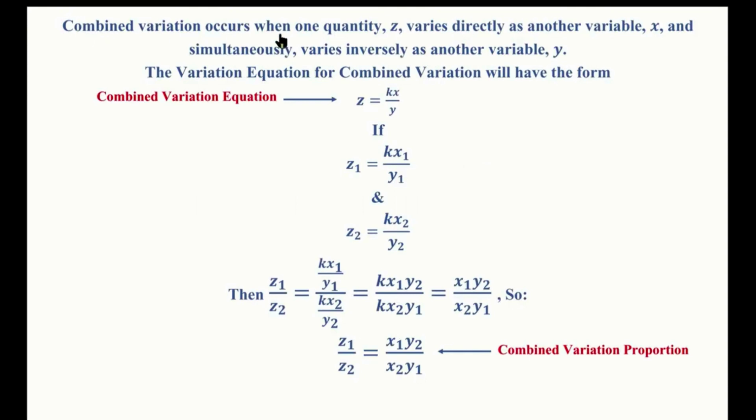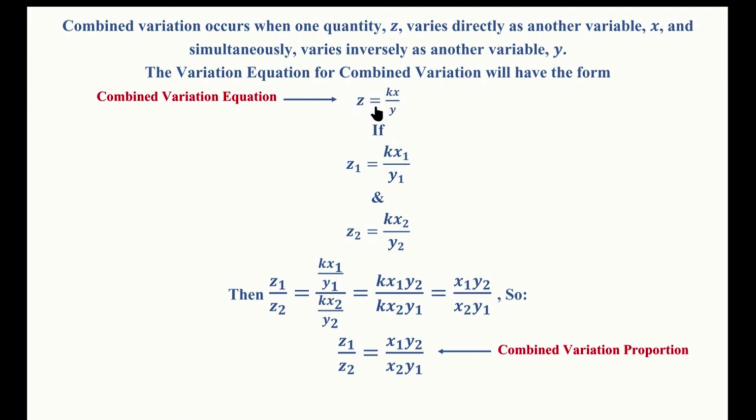So remember, combined variation occurs when one quantity Z varies directly as another variable, say X, and simultaneously varies inversely as another variable, Y. So look, if you only had Z varies directly as X, you would have had Z equals KX, right?